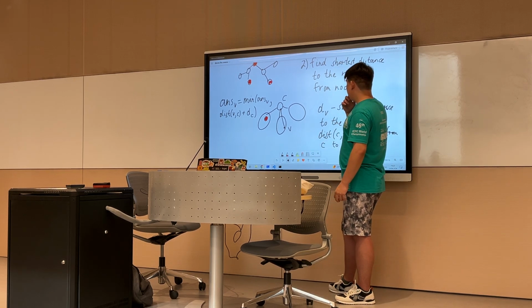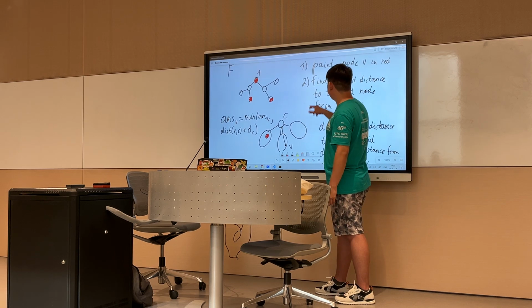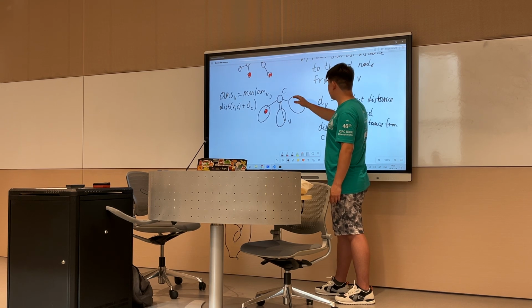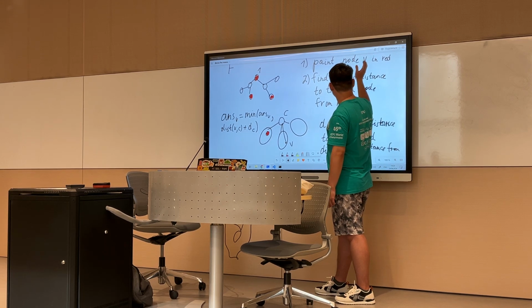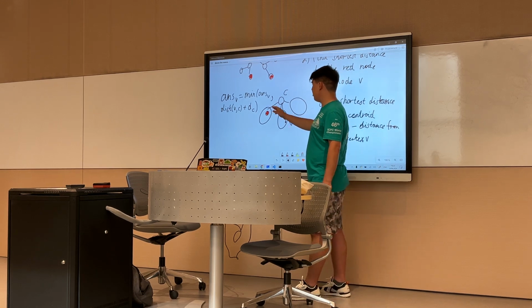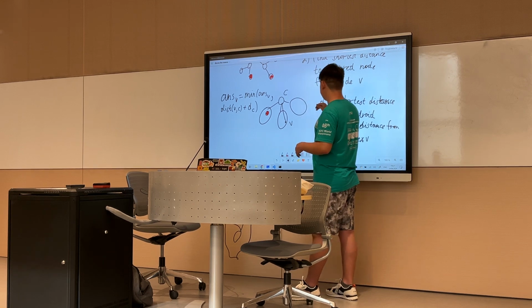Okay, what we do when there is the first type of query, we just need to update dv for every centroid. We need to find the node v, and when we color v red, we just need to update every centroid whose tree v lies in. We need to update its value d.